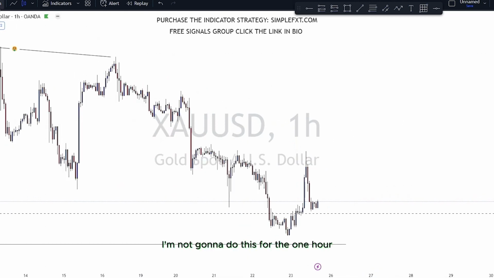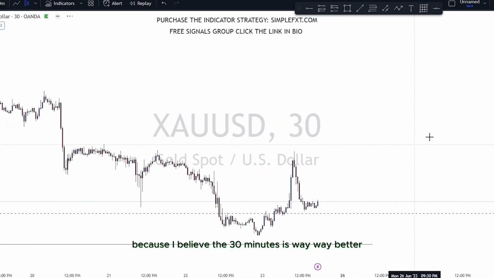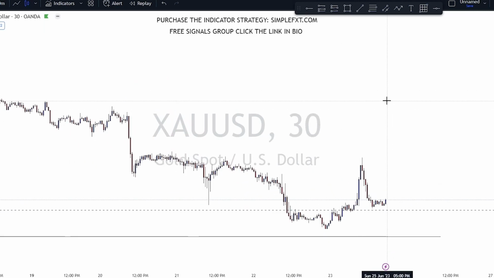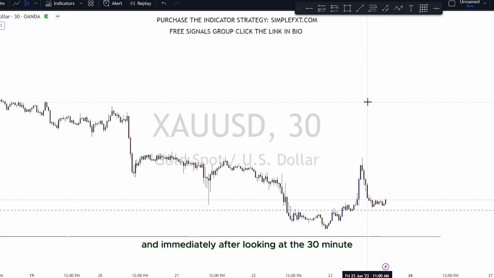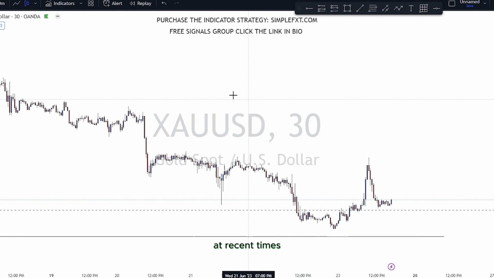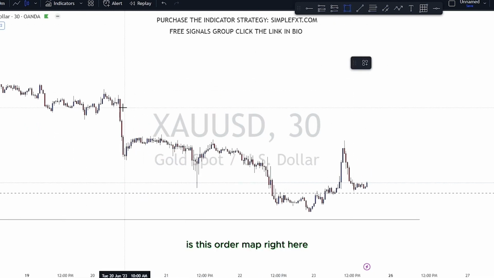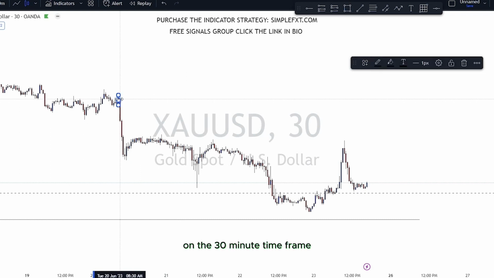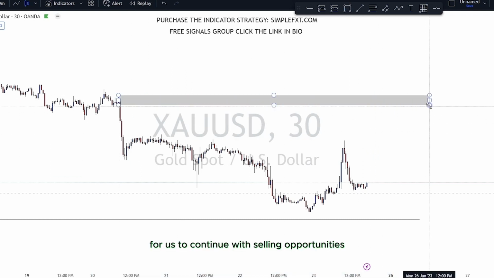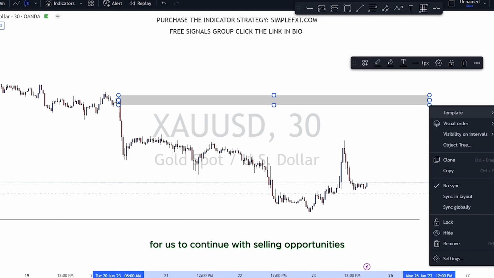All right, I'm not going to do the 1 hour because I believe the 30 minutes is way better. And immediately after looking at the 30 minute at recent times, the first thing I've noticed is this order block right here on the 30 minute time frame for us to continue with selling opportunities.